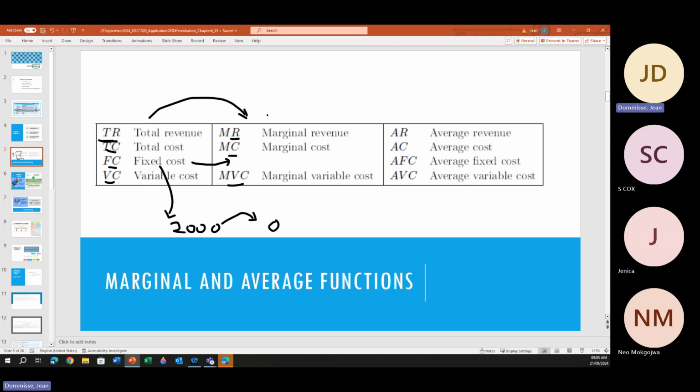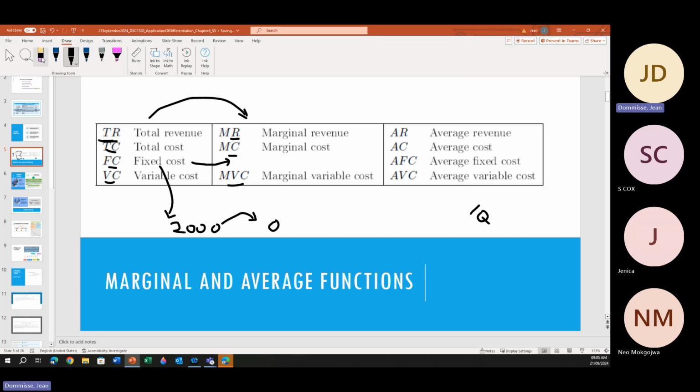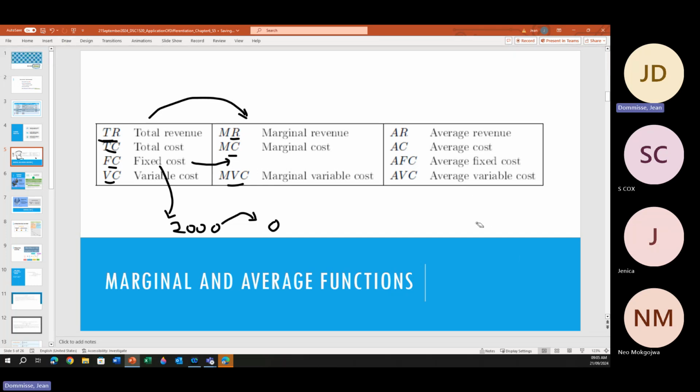Okay, so we look at marginal revenue, marginal cost, and marginal variable cost. Then just to add on to that, to get to the averages, we will just divide by Q or divide by price. So depending on what we will need to find out, the average we will just divide.